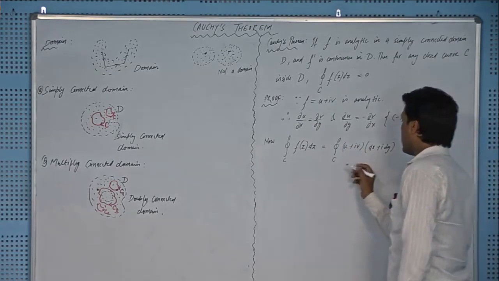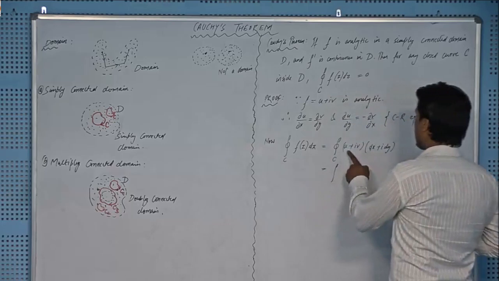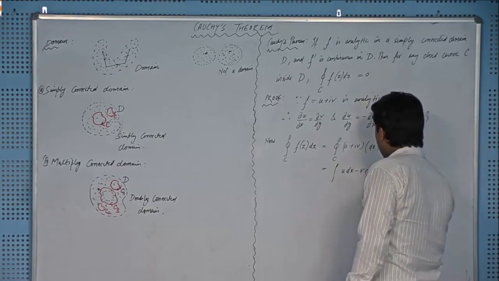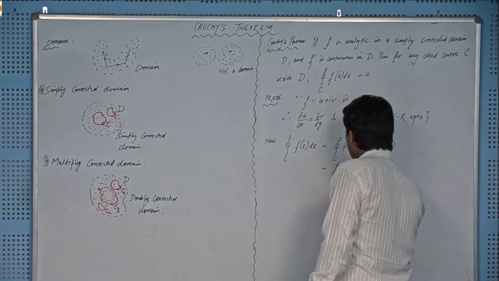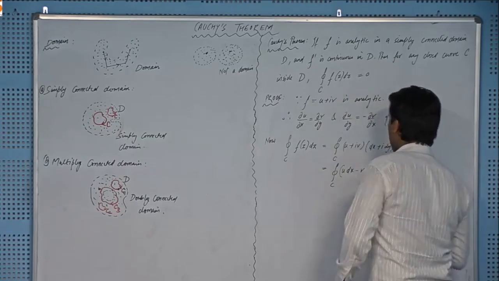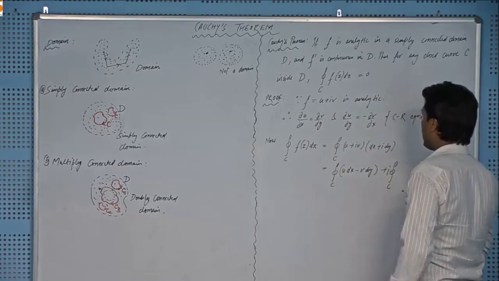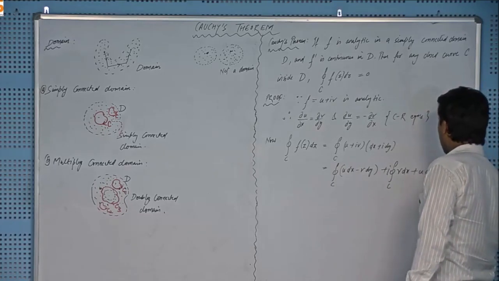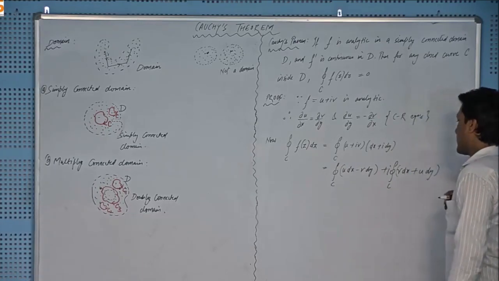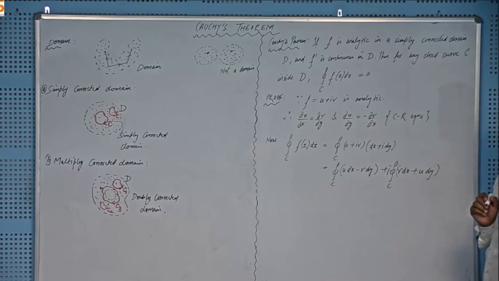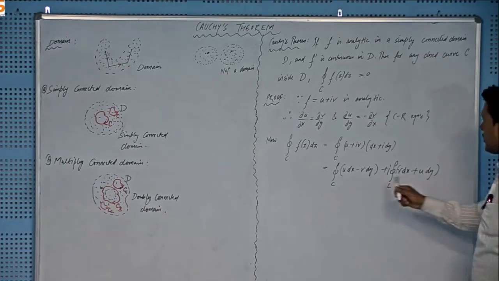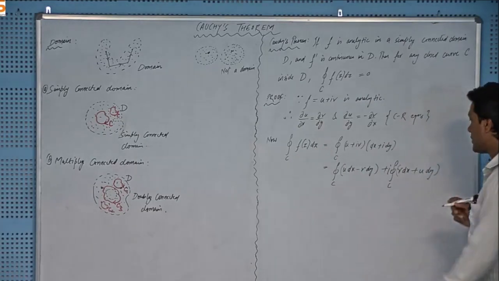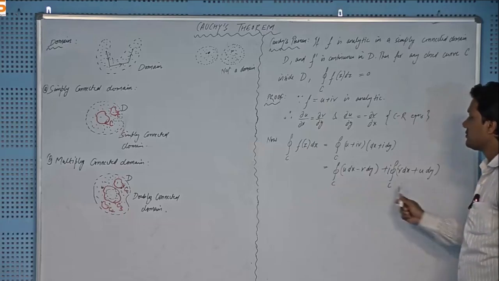Okay, then on writing it as u dx minus v dy plus i times v dx plus u dy, right? And okay, fine. Then at this point you can see that the integral along this closed curve C is actually the sum of two integrals, right, along curve C.